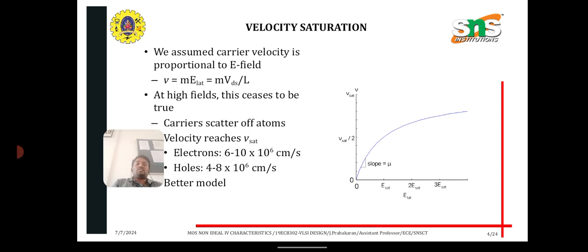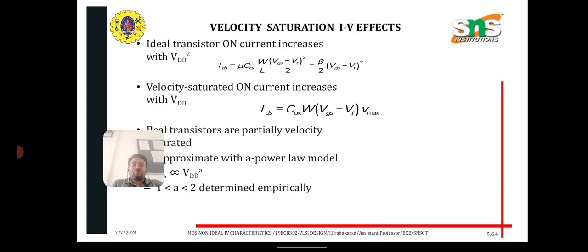The saturation velocity is a fundamental property of the semiconductor material that limits the maximum speed at which a charge carrier can move through the MOSFET channel. Designers must account for this limit when optimizing MOSFET performance in high speed and high power applications.